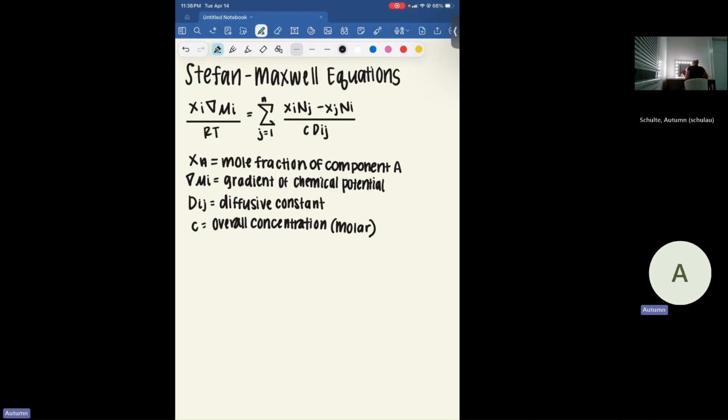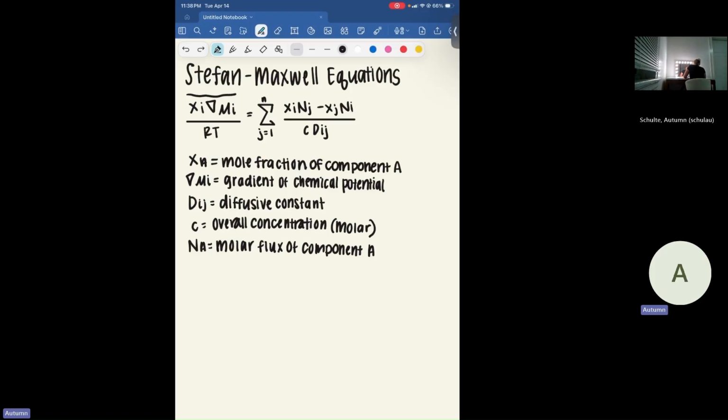And then we have this capital N sub j and capital N sub i. Just like for A, I'm going to make this simple and put N sub a. This N sub a is the molar flux of component A. And then, of course, you have R, your gas constant, and T, your temperature.